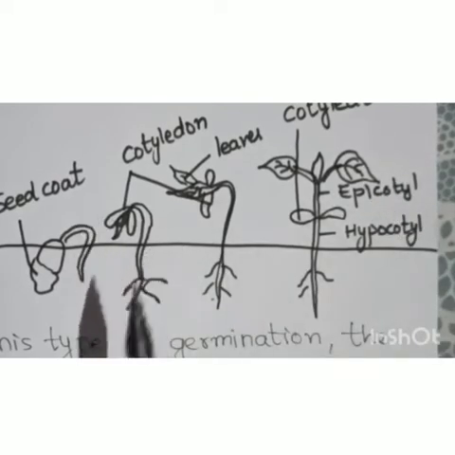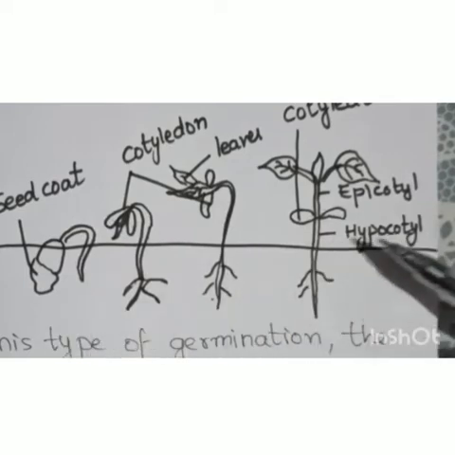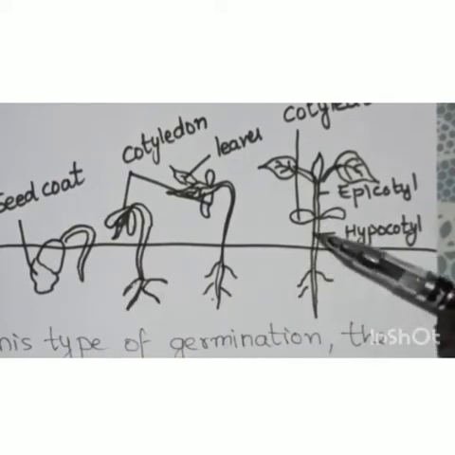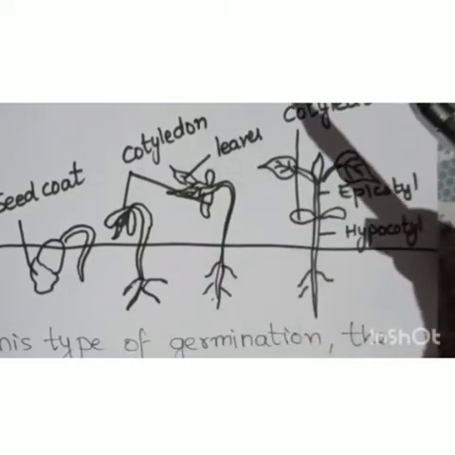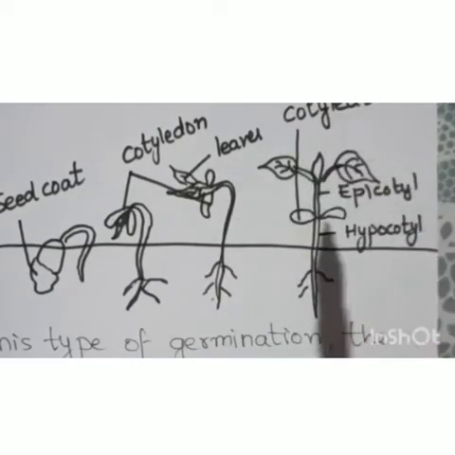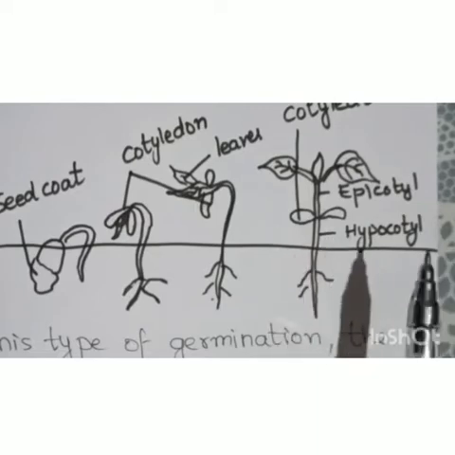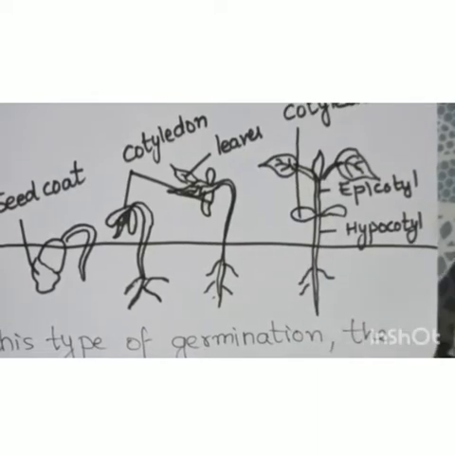So in this type of germination, the hypocotyl elongates and pushes the cotyledons above the soil or above the ground. It is seen in dicot seeds, for example castor, bean, etc.